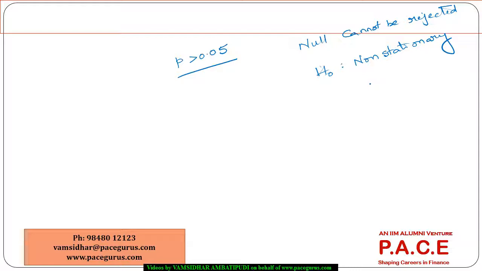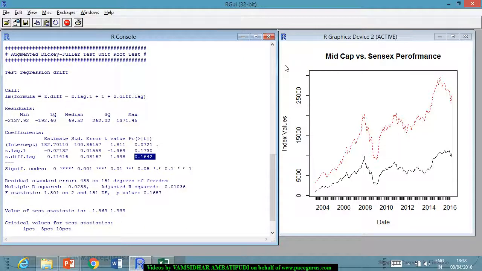I cannot reject the null hypothesis, which means I can very well assume that the mid-cap values are not stationary. I'm very clearly getting a statistical test saying that the mid-cap values are not stationary.